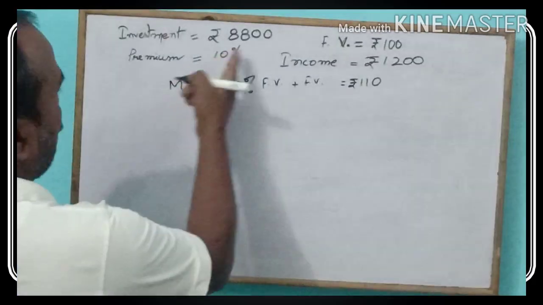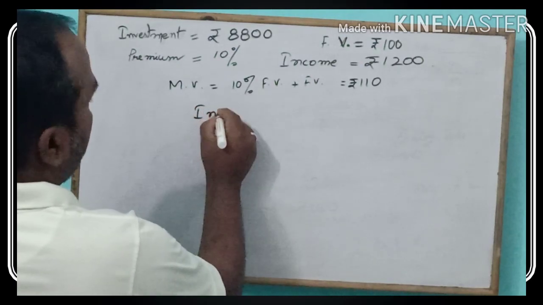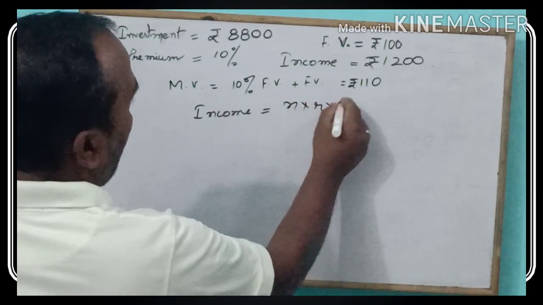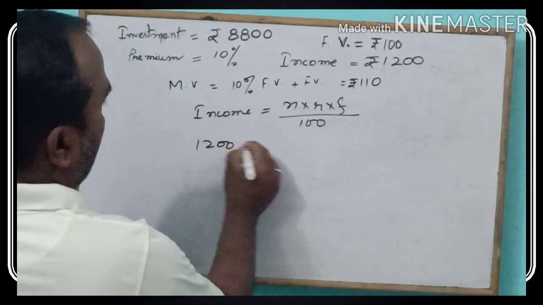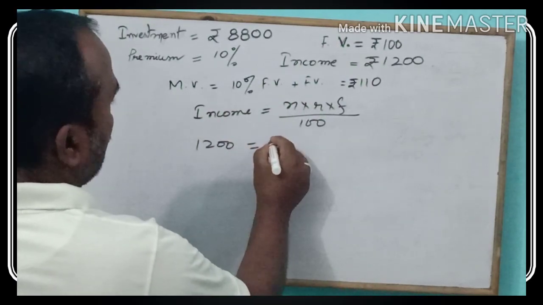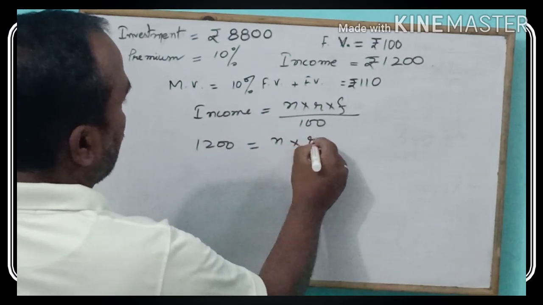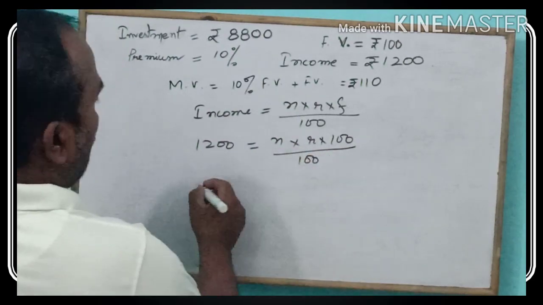So for the number of shares, we know income is given, 1200. Income is N into R into F by 100. So 1200 is equal to N into R into face value 100 by 100. N is not given, R is also not given.